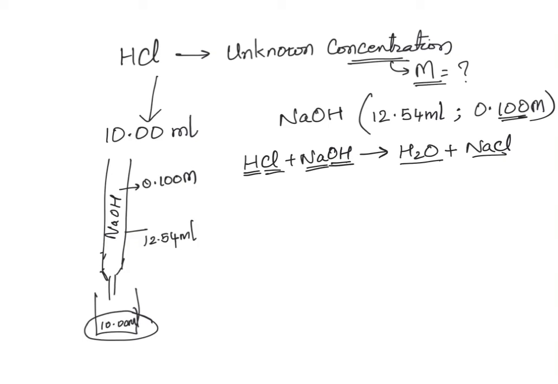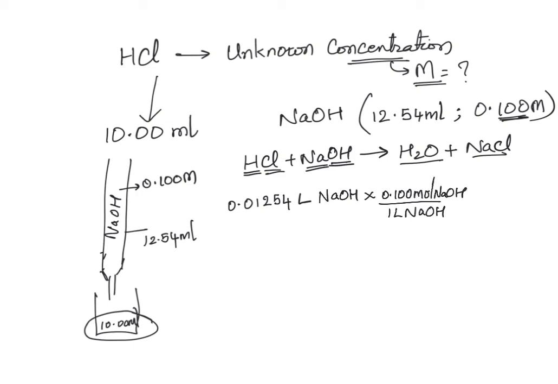So you're using 12.54 milliliters, 0.01254 liters of sodium hydroxide. Molarity of sodium hydroxide is 0.1 molar. So what does that mean? That means that for every 1 liter of sodium hydroxide, there is 0.1 mole of sodium hydroxide.